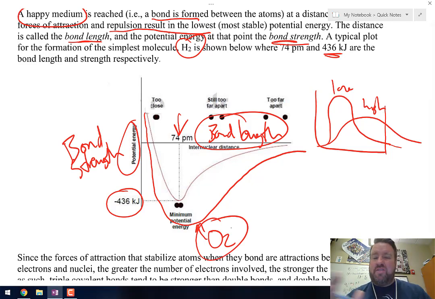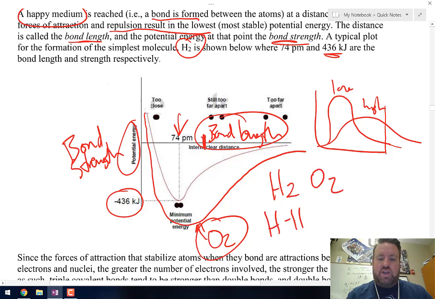In terms of internuclear distance, we could probably guess that oxygen's peak is going to be over here. But really the big difference between H2 and O2 is that you've got an H-H single bond, where in oxygen you've got an oxygen-oxygen double bond.